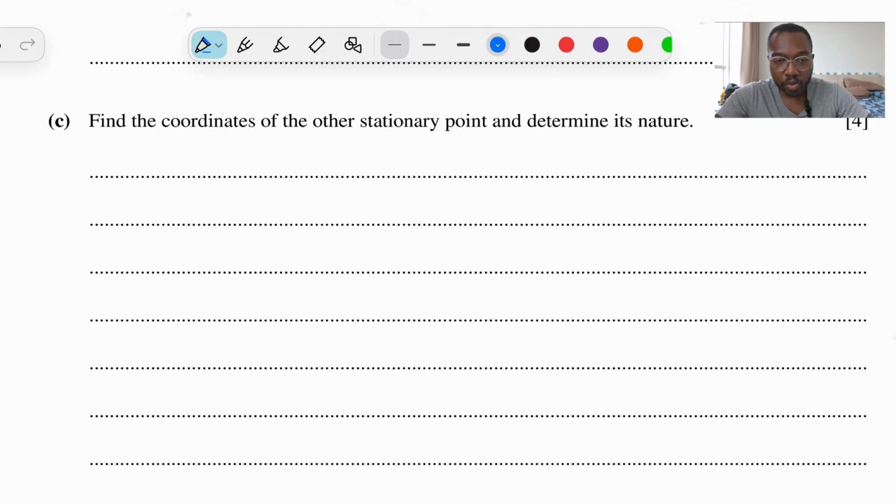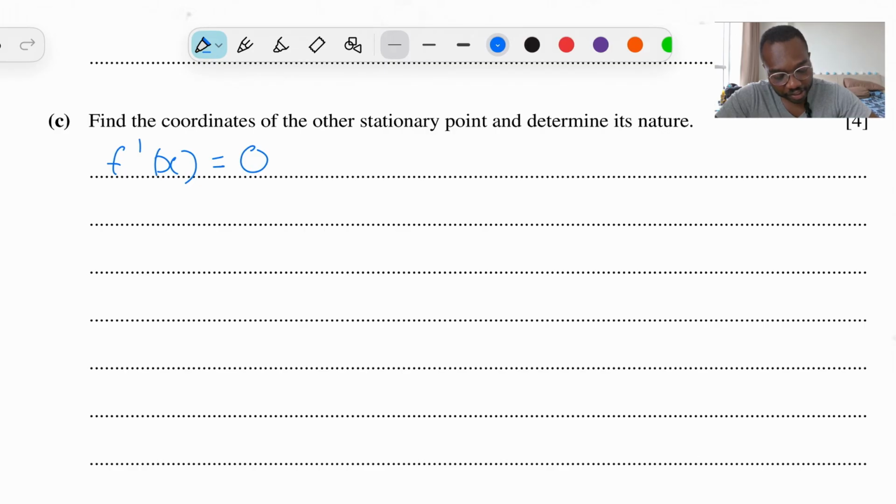We need to find the coordinates of the other stationary point and determine its nature. So in the first part, they told us that the stationary point was 2. There's going to be another stationary point, which we need to now work out, and we need to determine the nature of that. So as with any stationary point, f'(x) is equal to 0.